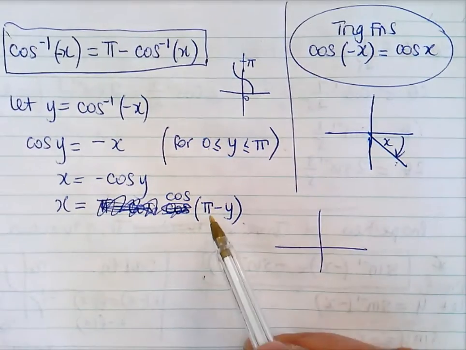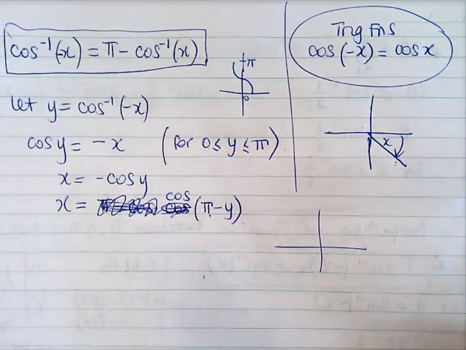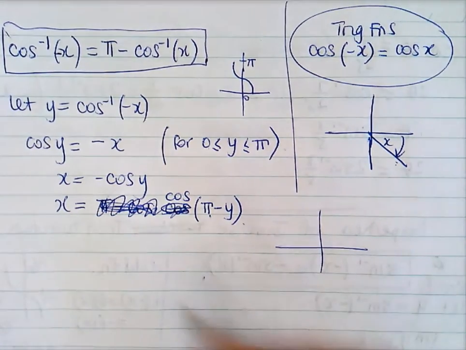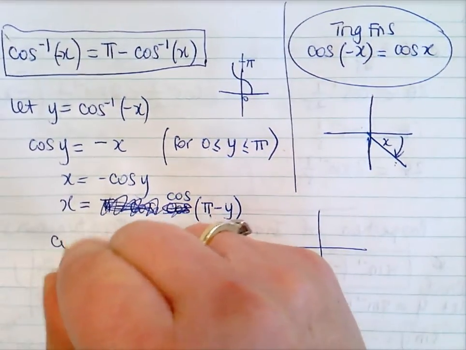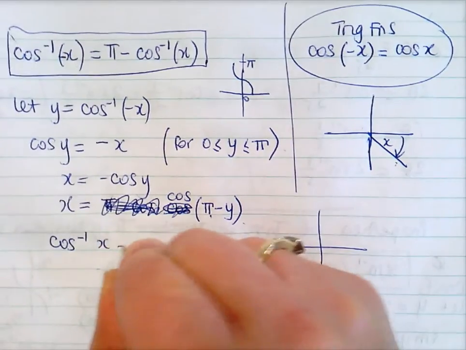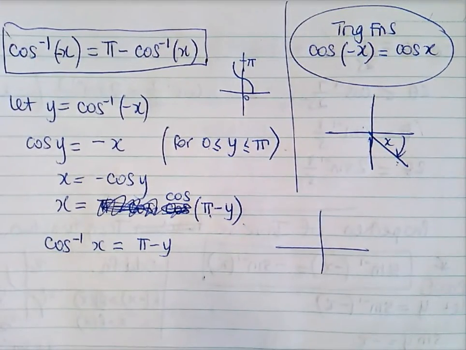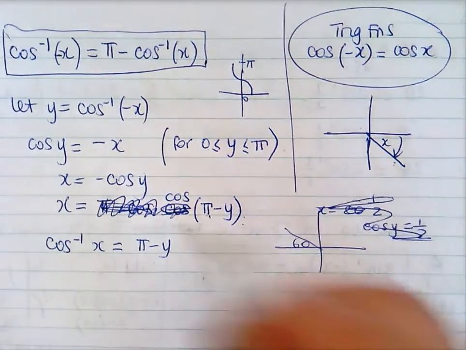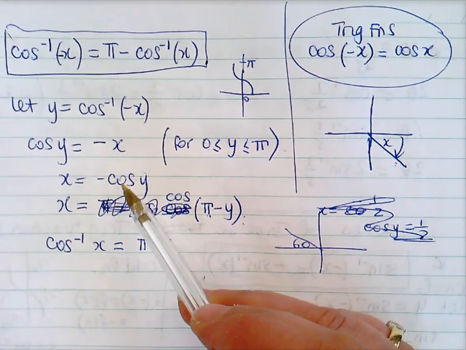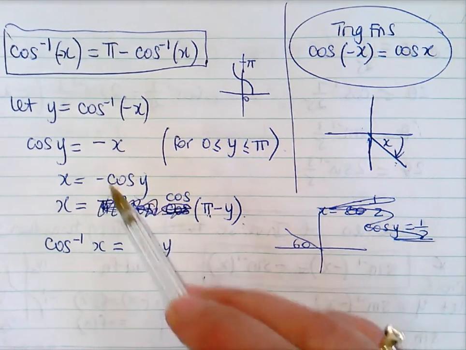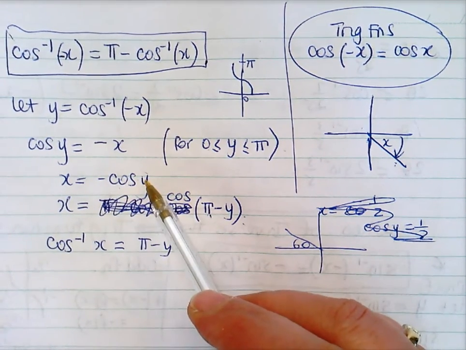Now, why do I have brackets here? I'll show you why. Let's say we had negative cos 60. That is different to cos of negative 60. Let's say y is 60 degrees.